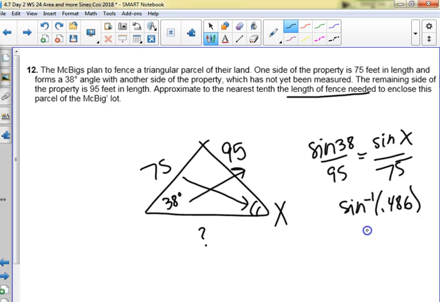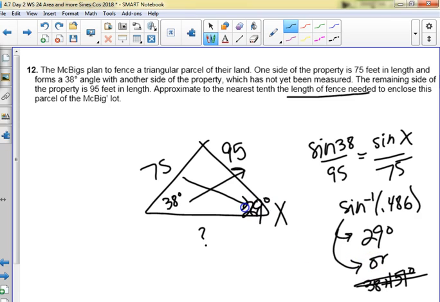Which is about 29 degrees, or 180 minus 29, which would be 151 degrees. Because anytime you do law of sines, you should look for two possibilities. But if I already have a 38, if I added that to one, I'd have more than 180, so this one isn't going to work. So I know this is 29 degrees in this corner.